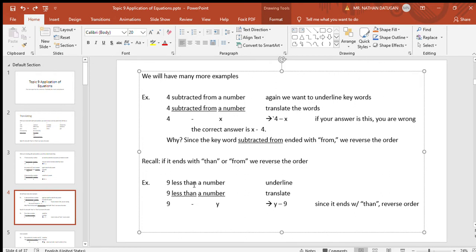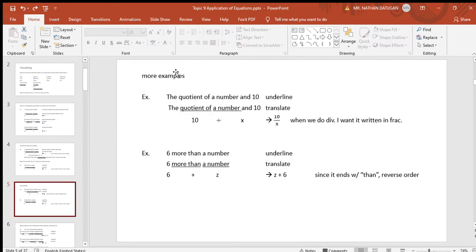Now let's translate. Less than is minus, and a number is y. But are we going to put 9 minus y? No, because our keyword here ends with the word than. So instead of 9 minus y, it's going to be y minus 9.